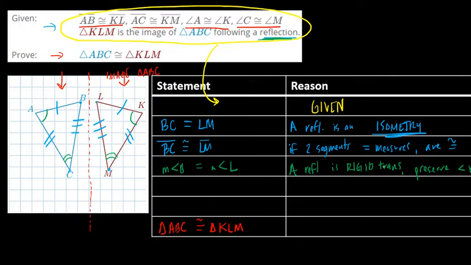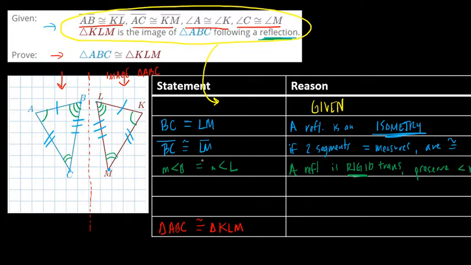So again, a reflection is rigid, and rigid transformations preserve angle measures. So whatever measure angle B had originally, its counterpart, angle L, has preserved in this image, in this triangle KLM.